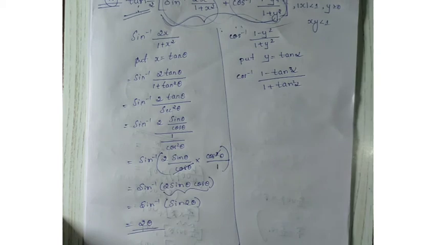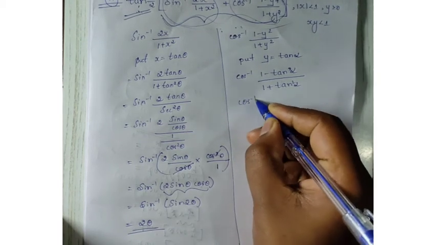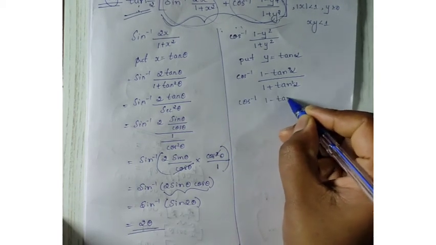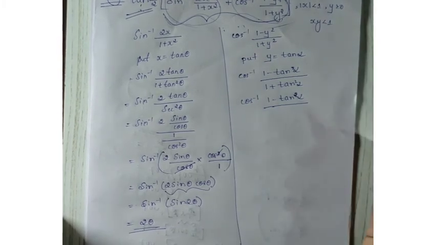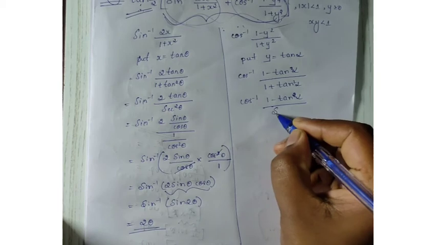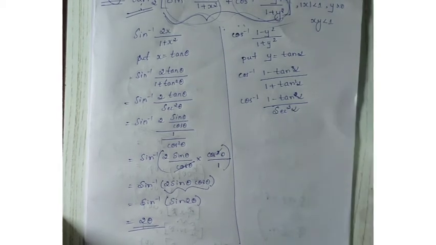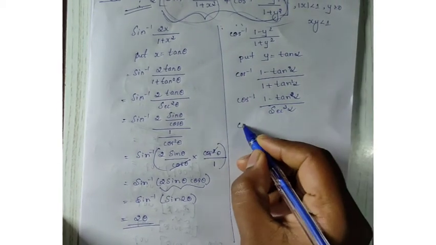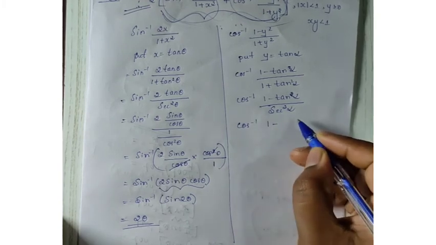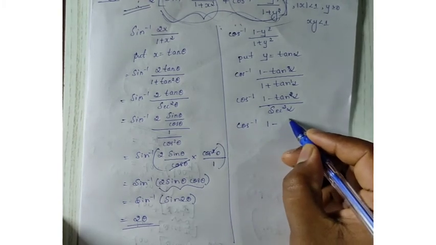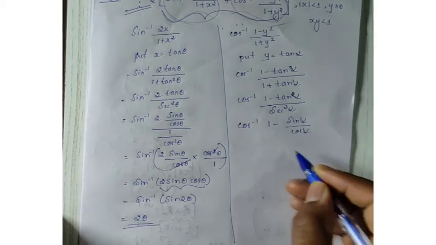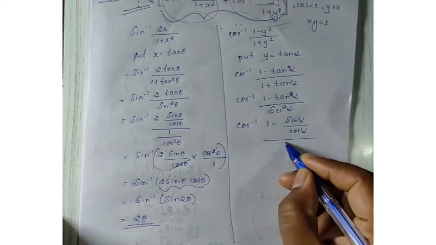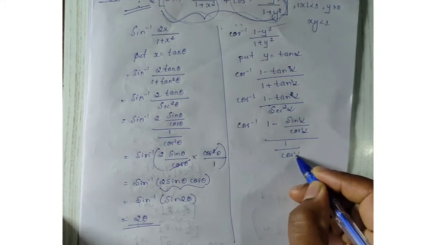Right? Okay. Now, cos inverse 1 minus tan square alpha divided by 1 plus tan square alpha can be written as secant square alpha. So now cos inverse 1 minus tan square alpha is nothing but sin square alpha by cos square alpha divided by 1 by cos square alpha.